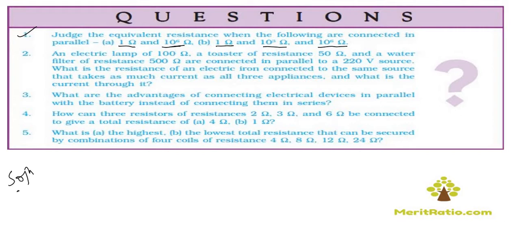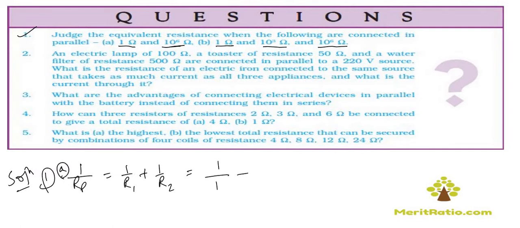So we have to find 1 upon Rp is equal to 1 upon R1 plus 1 upon R2. We are obtaining the equivalent resistance in case A. R1 is given as 1 ohm and R2 is given as 10 to the power 6 ohm.